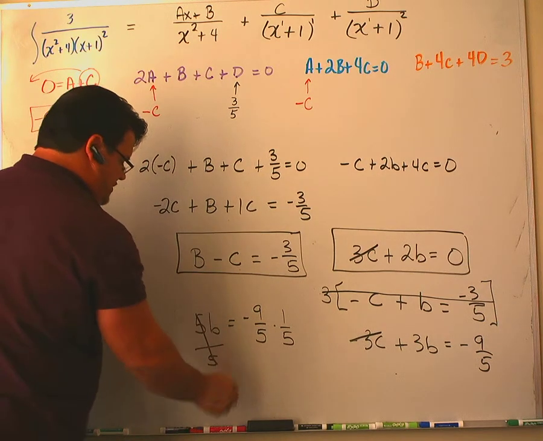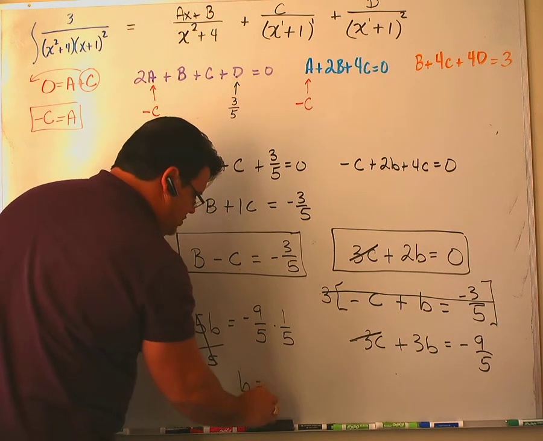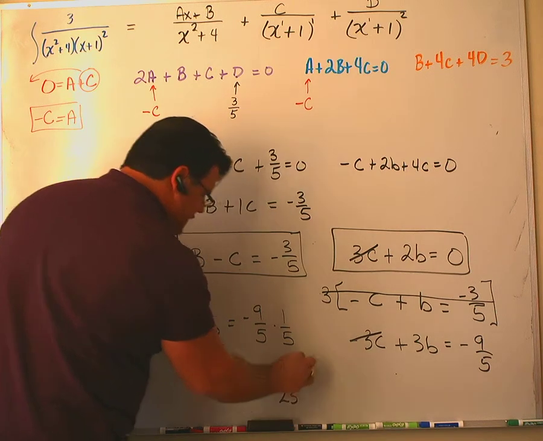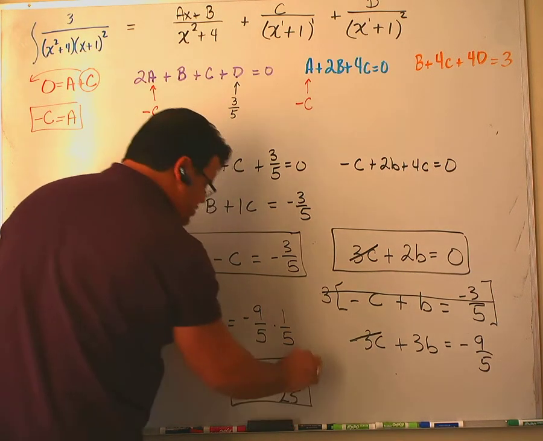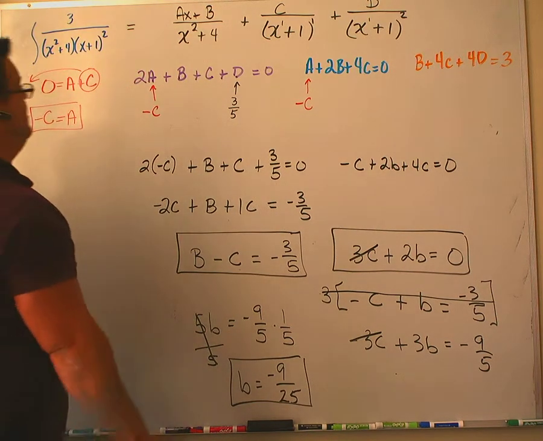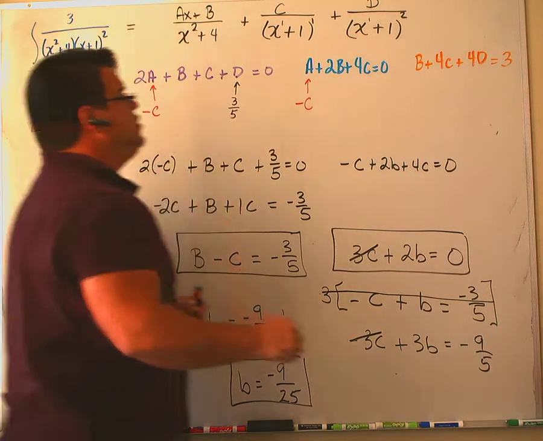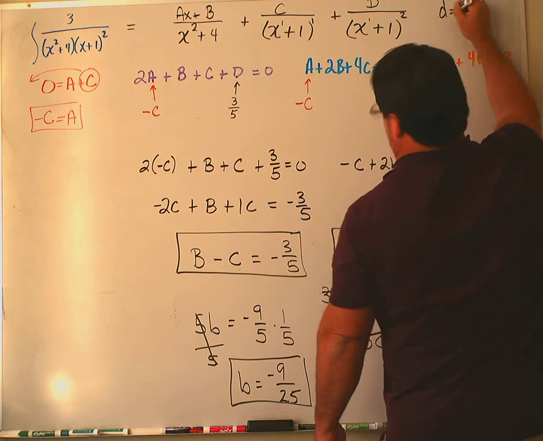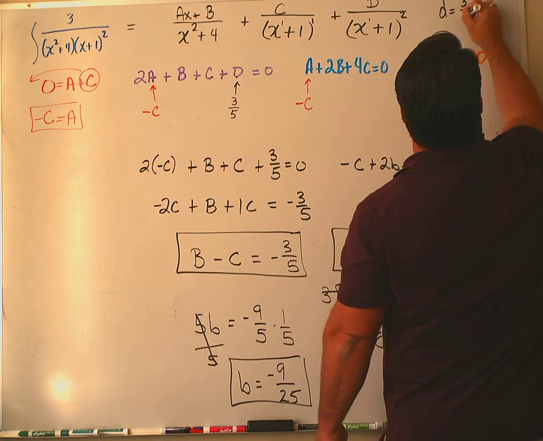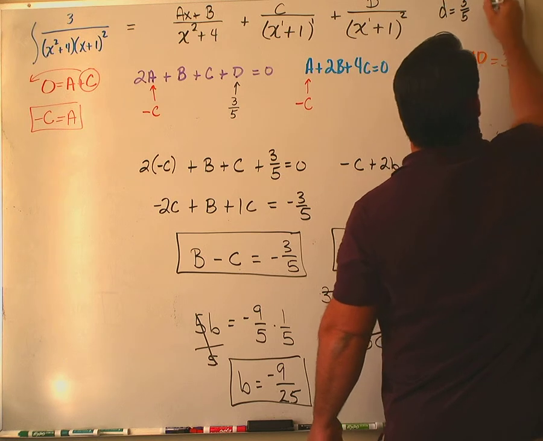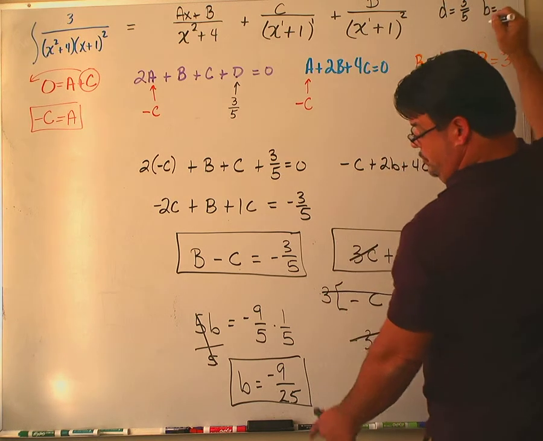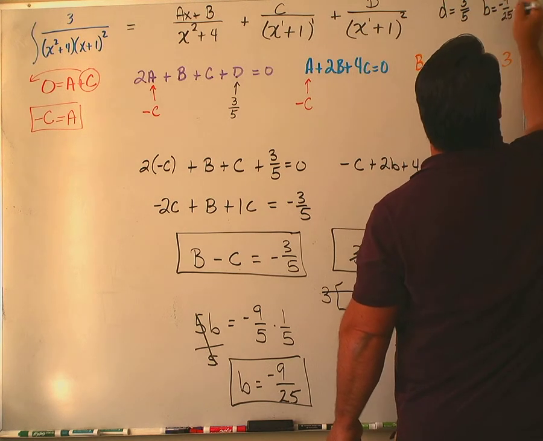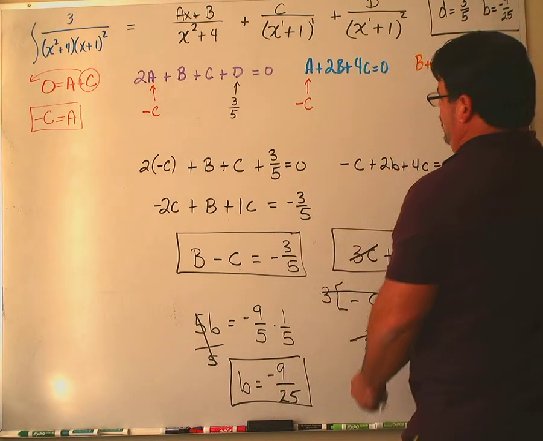And that will give us B is equal to negative 9/25. Now we have two variables, and I'm going to put them up here in the right hand corner. D is equal to 3/5, and B is equal to negative 9/25.